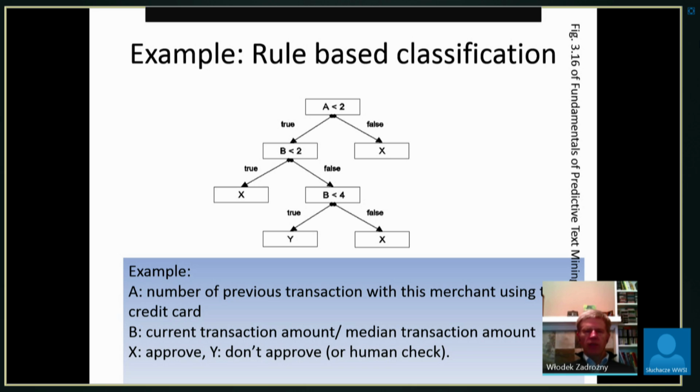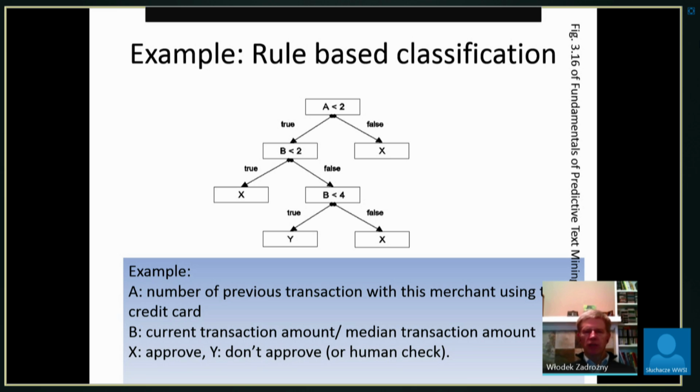Then there could be some other patterns in fraudulent transactions. So we can ask the question, okay, is the transaction smaller than $400? And if it's true, then we do not approve the transaction, but if it's false, that is, it's a larger transaction and unique, we do approve this transaction.